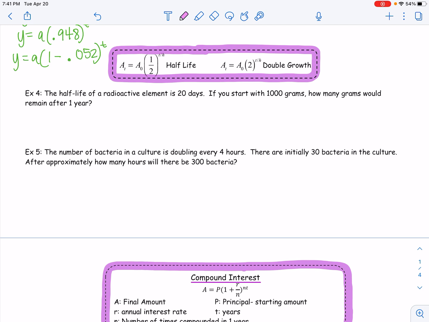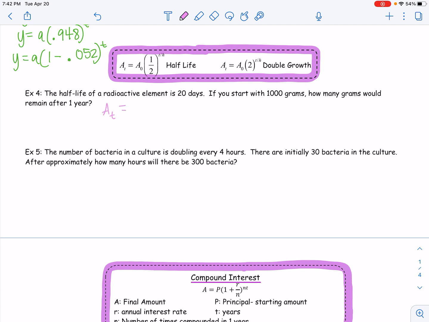So I want to plug in the information I know and solve for what I want. The half-life equation says A sub T. Well, that's just saying the amount after a certain amount of time. So kind of like your ending amount, or the amount after a certain check-in, if you want to call it that. So that's A sub T, which is actually what we're solving for in this problem.